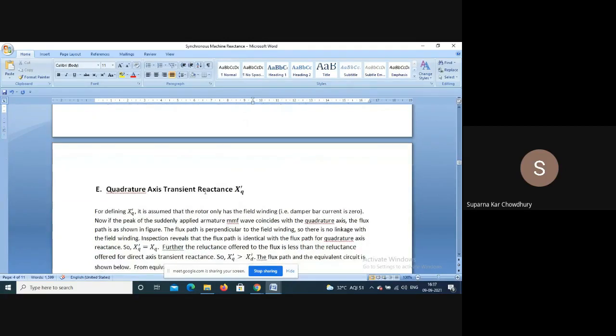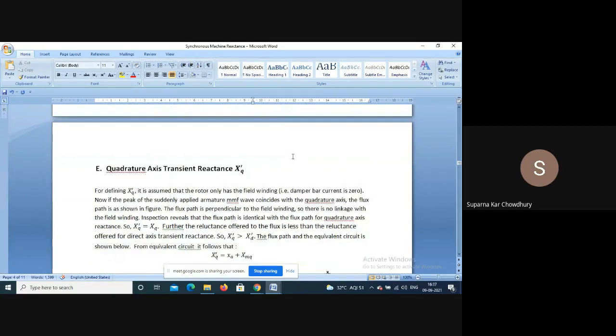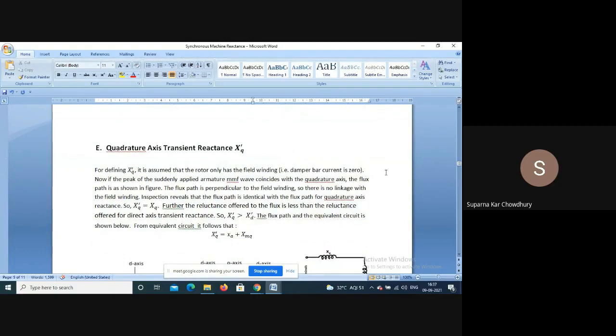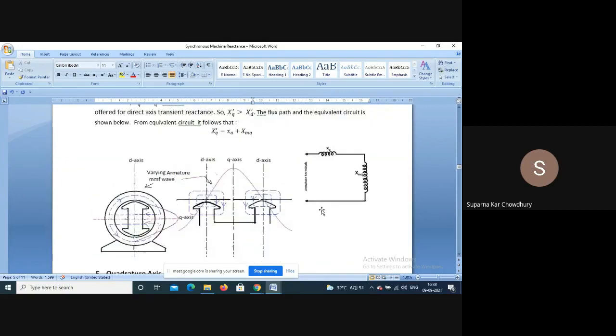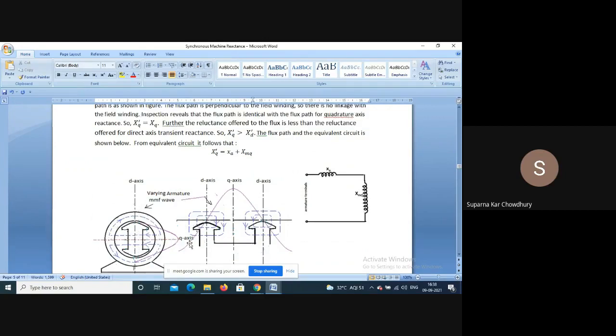And the quadrature axis transient reactance XQ dash: the armature MMF wave is suddenly applied such that it gets aligned with the quadrature axis. The flux path will be like this because the axes are perpendicular. So initial flux linkage and final flux linkage are not affected. So basically the flux linkage will be like this.